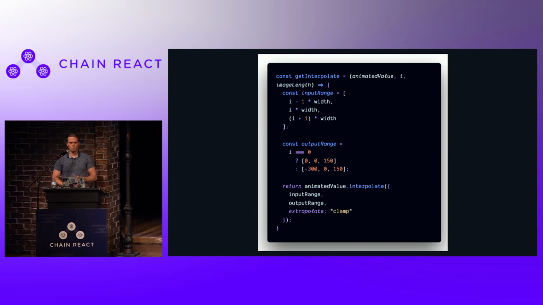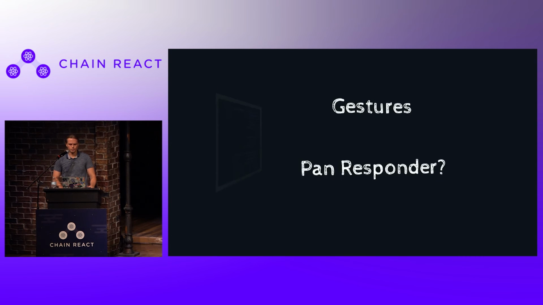Because let's assume my input range will reach 2,000, 3,000, whatever. If I don't have clamp defined, then the interpolate function will basically interpolate all the values in the same way that it did before hitting the end of the input range and output range. So it's important to use extrapolation.